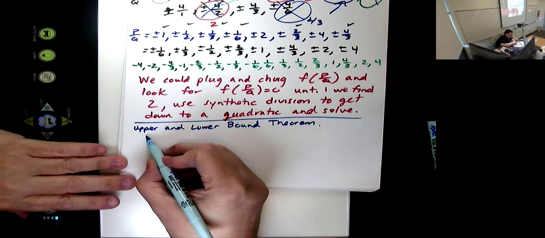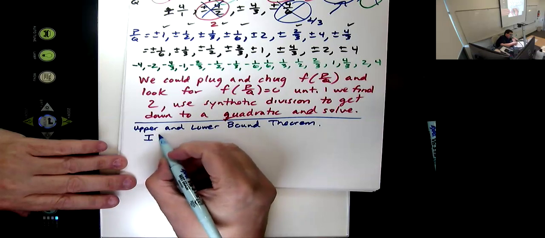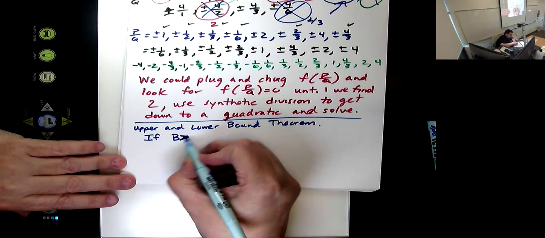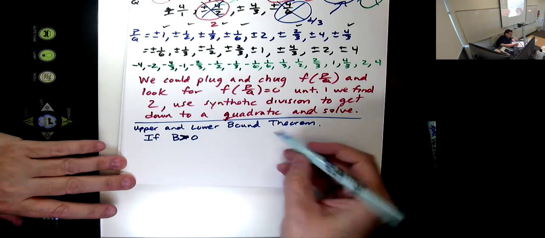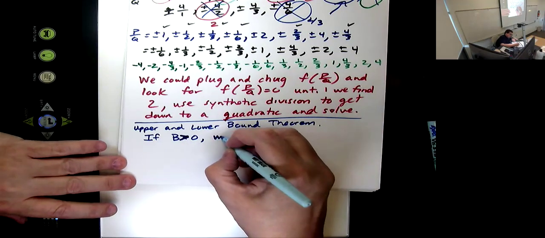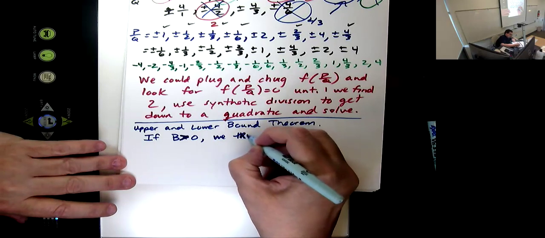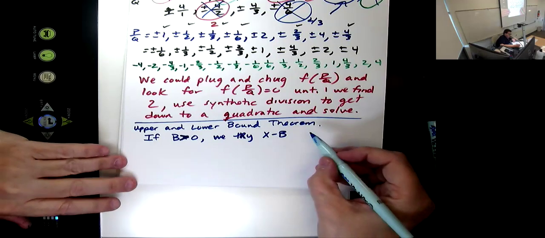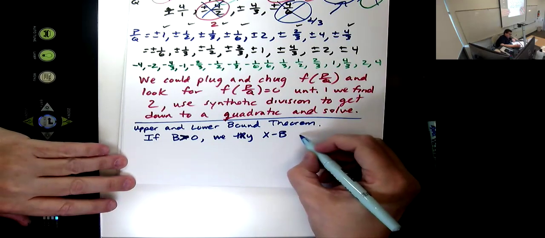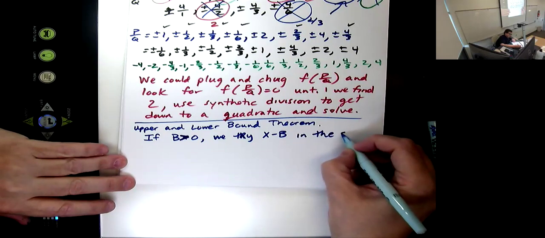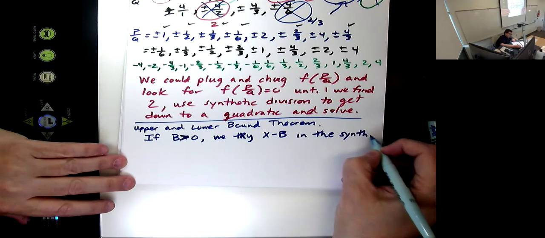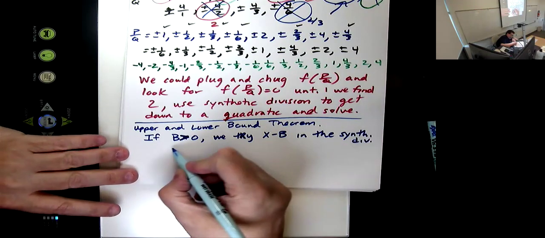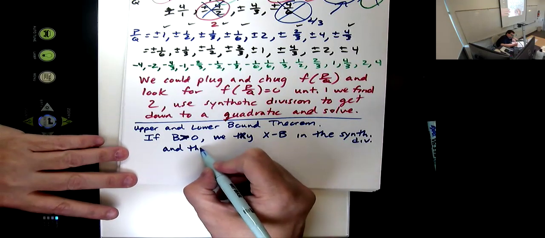If b is greater than 0, so like a positive number, and we try, so we're trying x minus b basically. We try x minus b in the synthetic division. And the bottom row is all non-negative.